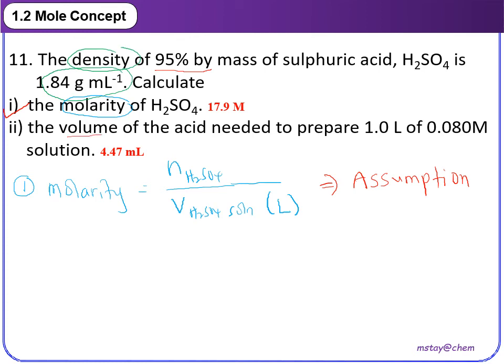What is the volume of acid needed to prepare 1 liter of 0.08 molar solution? So if we refer to the answer of part 1, 17.9, now you want to use this sulfuric acid solution to prepare another one with the concentration of 0.08.